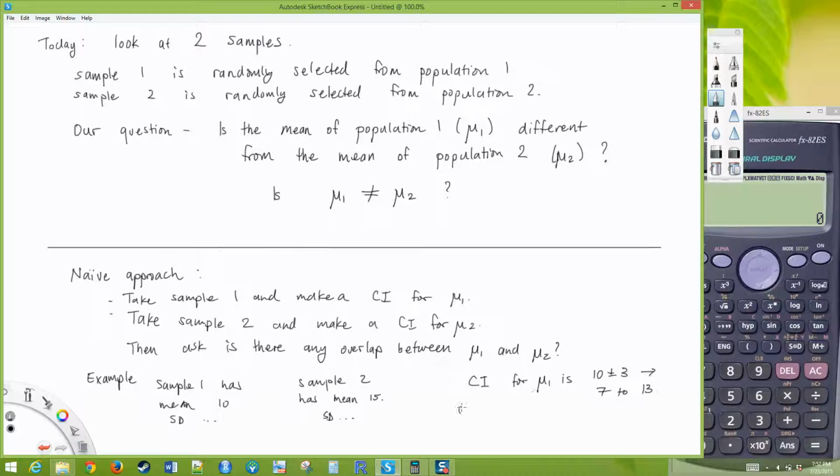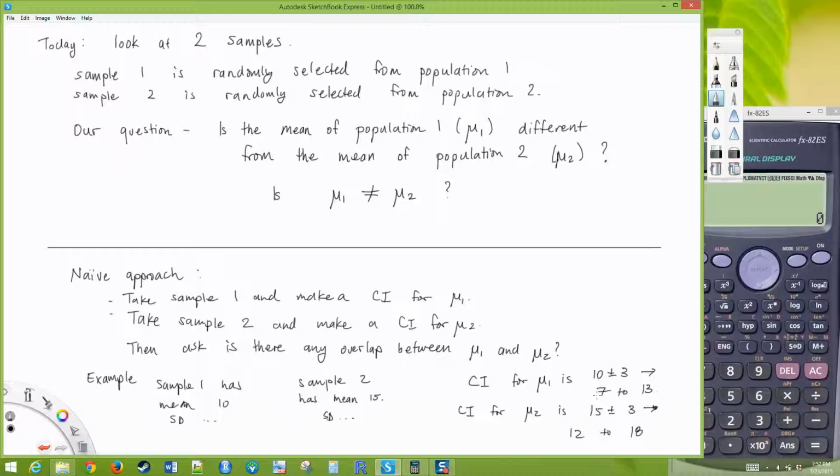Okay? And then maybe the confidence interval for mu2 is 15 plus or minus 3, which then goes from 12 to 18, or something like that. Okay? So with this naive approach, we would say, oh, there's some overlap between our confidence intervals, so maybe we're not ready to say that mu1 and mu2 are different.